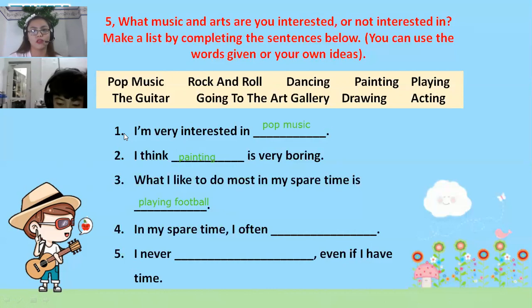Playing football. What about number four? Please read number four. In my spare time, I spend playing football. Okay, very nice. What about the last one, number five?